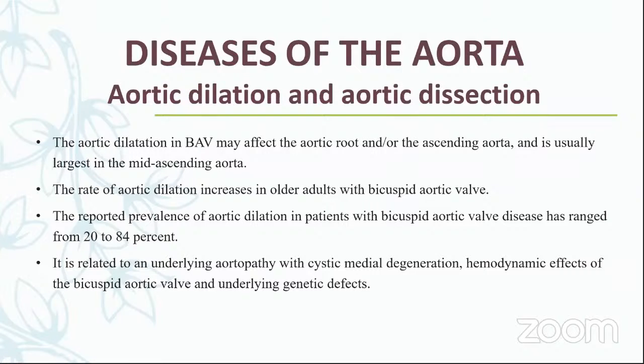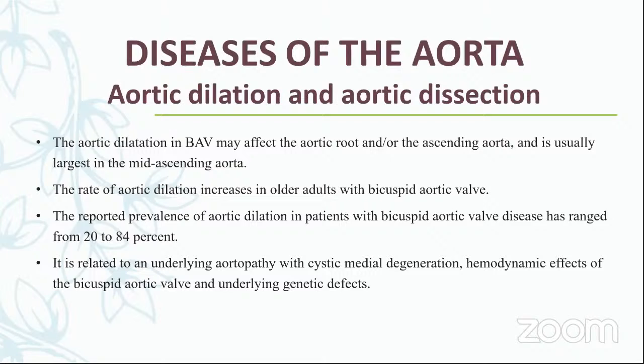The third one is the aortic dilatation and aortic dissection. Aortic dilatation in bicuspid aortic valve may affect the aortic root and/or the ascending aorta, and is usually largest in the mid-ascending aorta. The rate of dilatation increases in older adults with bicuspid aortic valve.